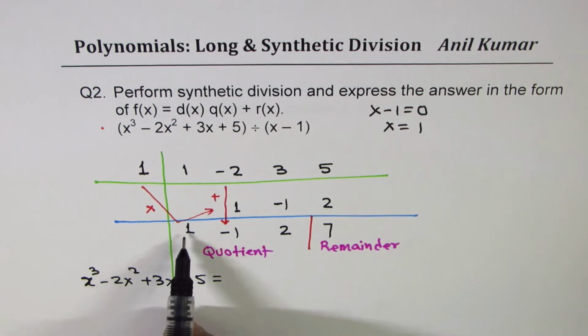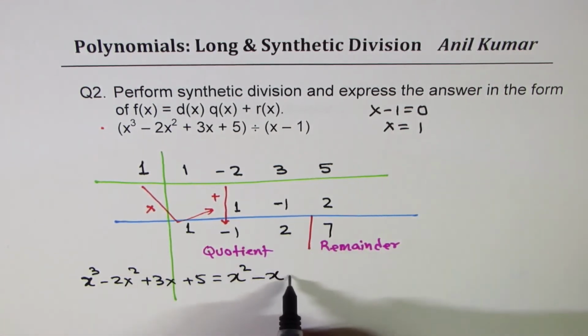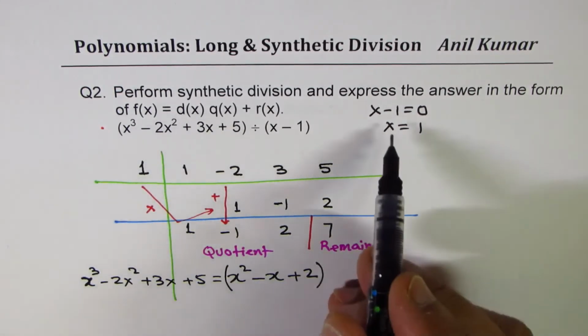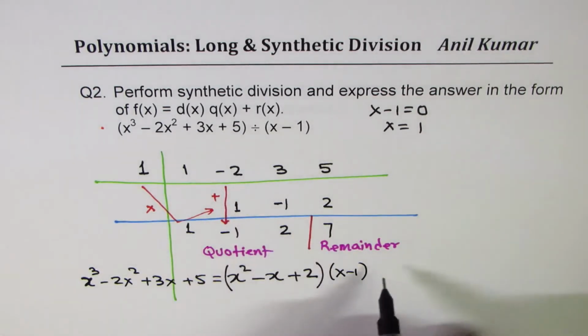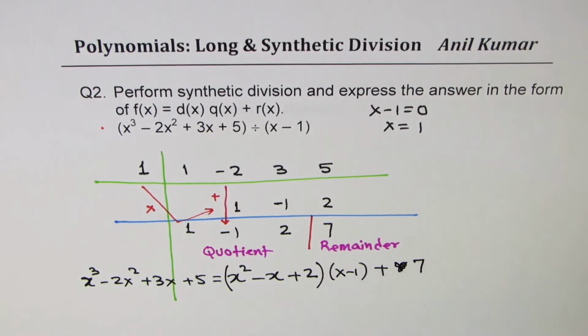So ax squared gives you 1x squared minus x plus 2. Right, so that is the quotient, right? I should have written the divisor also, which I missed, but we can write it later, times x minus 1, and then plus the remainder, which is the number 7, right?